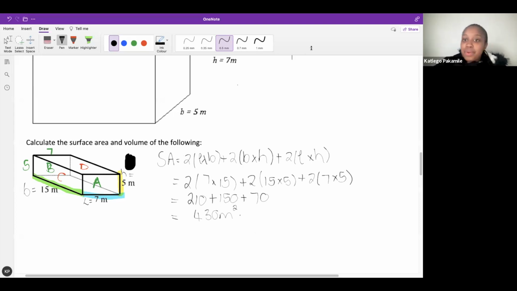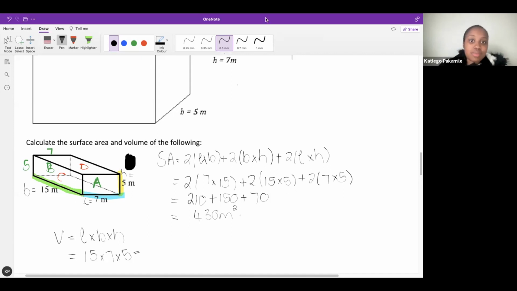That was surface area. Remind me of the formula of a volume, please. Anybody? Thank you very much. Volume is length times breadth times height, which is 15 times 7 times 5. Now let's work it out.